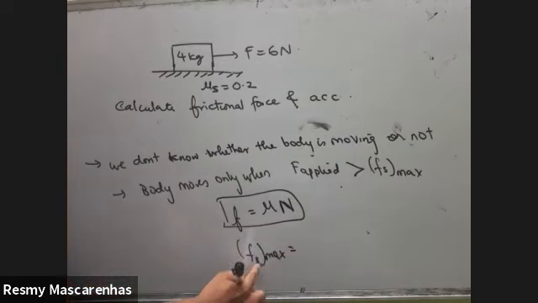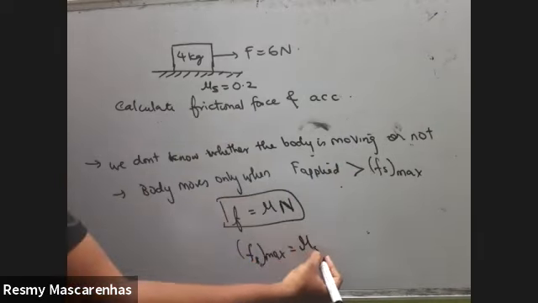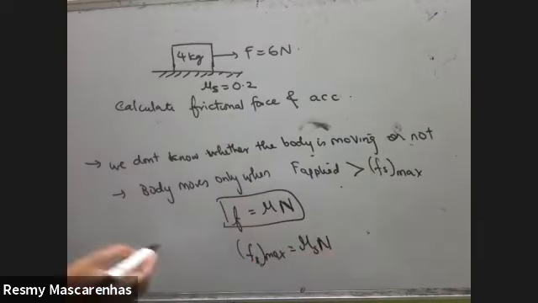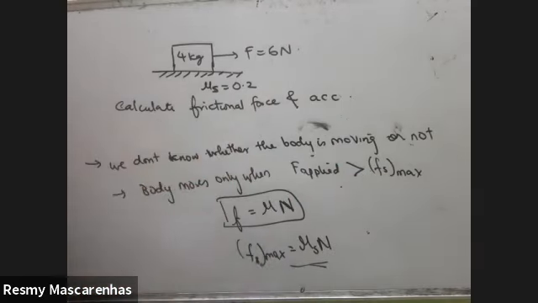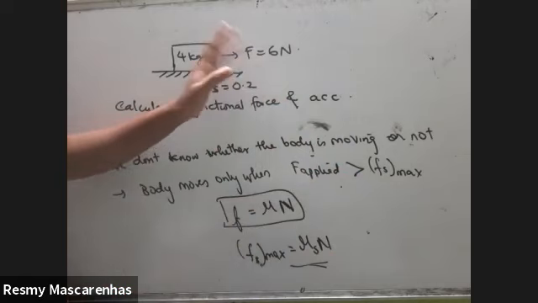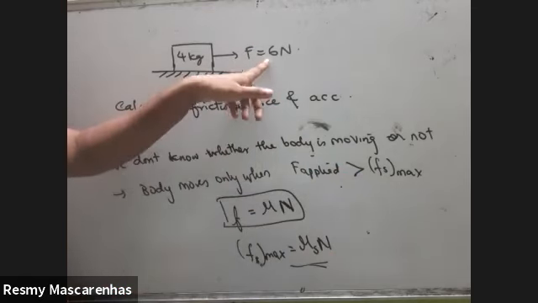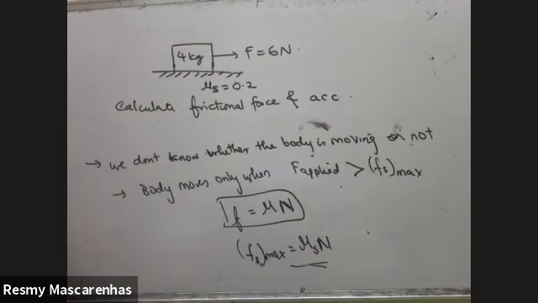And this would be static friction, so mu s. We have to use this formula to calculate this maximum and check whether it is more than that. If it's more than this one, it will not move. But if it is less than your applied force, then the body must be moving. So first we have to calculate this.